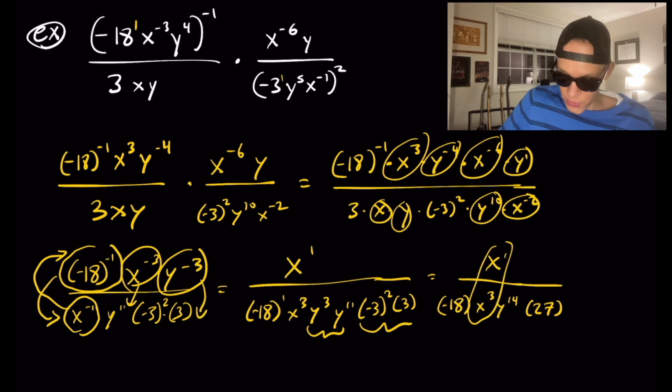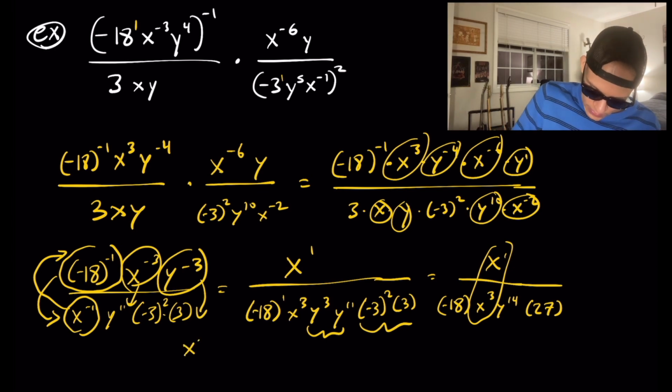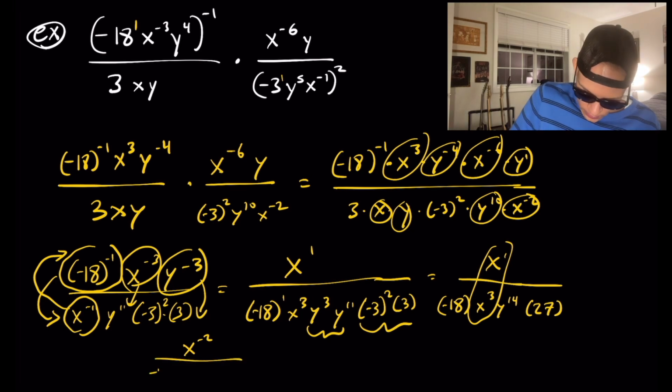I can do a quotient rule quick right there. And I'll get x to the negative 2nd. So x to the negative 2nd over negative 18 y to the 14th times 27.